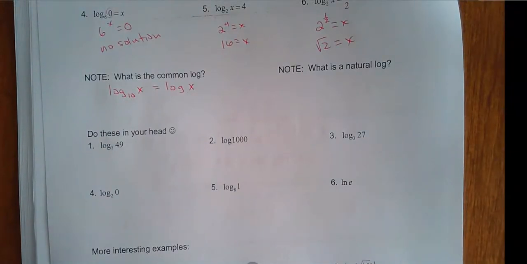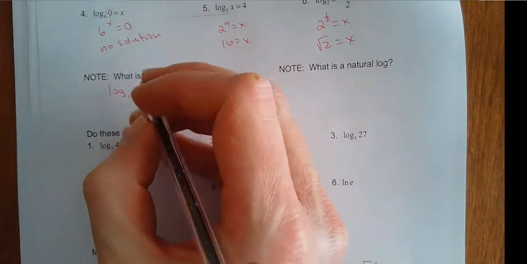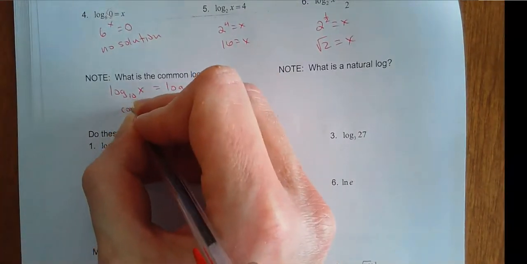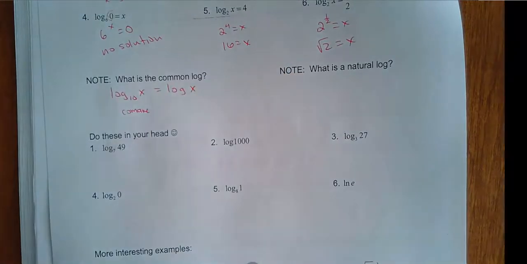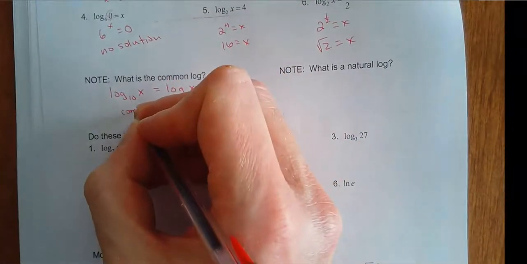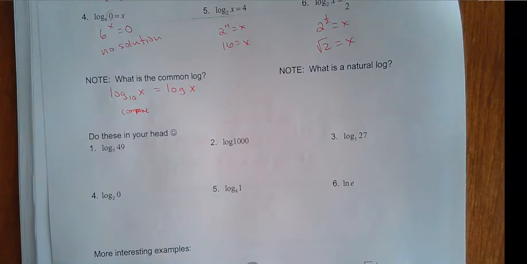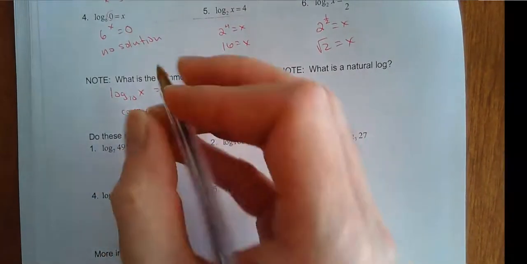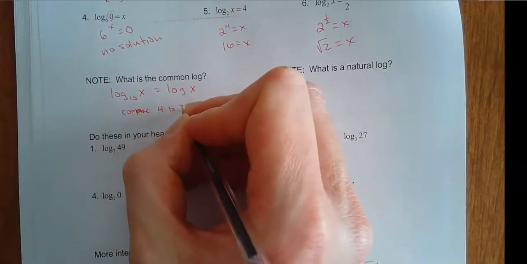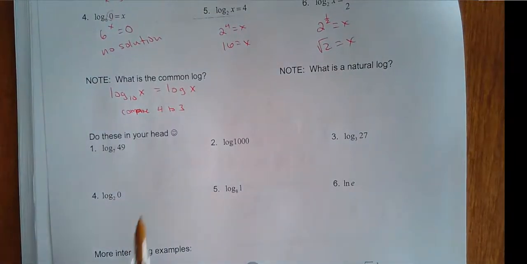This is sort of like what they use on the Richter scale too, for earthquakes. If we're comparing a 4 to a 3 on the Richter scale, you'd say, well, that's a little bit bigger. No, it's actually 10 times bigger, because the Richter scale uses a base of 10. Whatever they're measuring, it's some kind of amount of energy that's released by the earthquake.